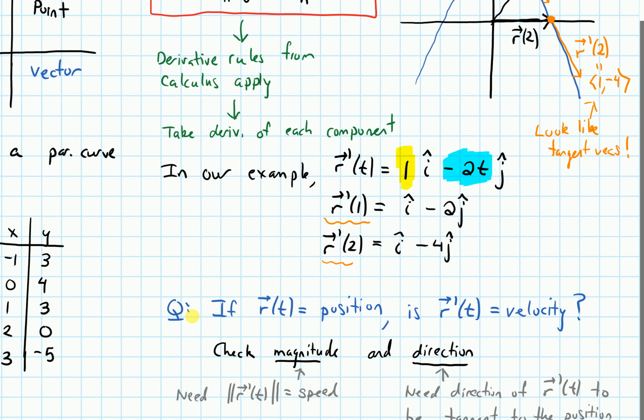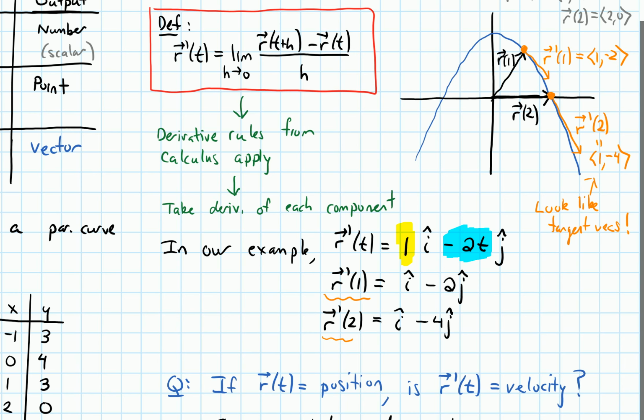Okay, because if we have a bug or a particle that's traveling along this curve, so if it's at a point here and then it starts traveling along it this way, once we get to a point like this, r of 1, its movement right at that instant would be tangent to the curve. Same thing if I go a little bit further and I stop it at r of 2.